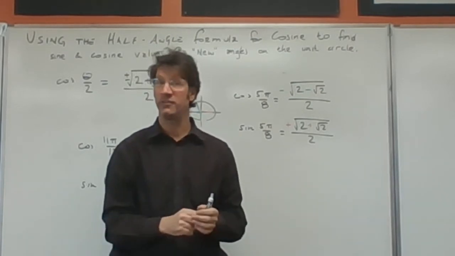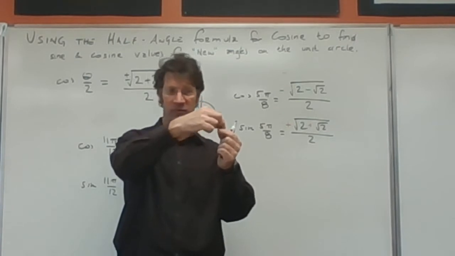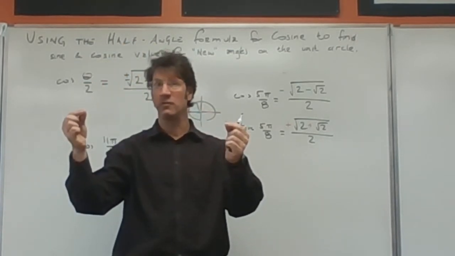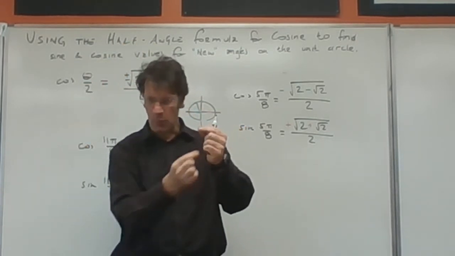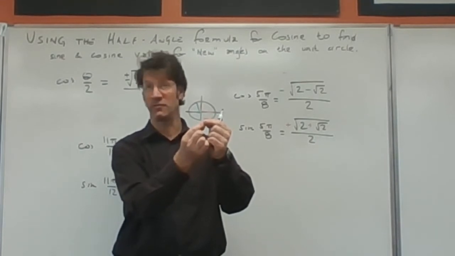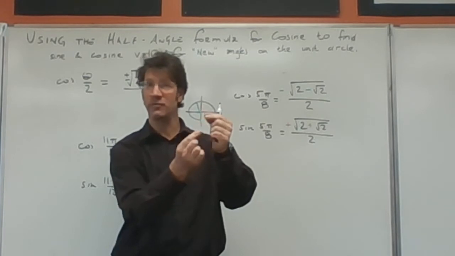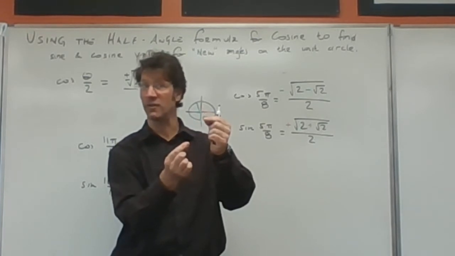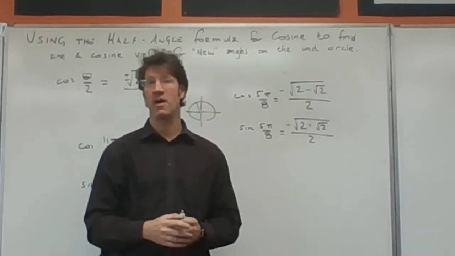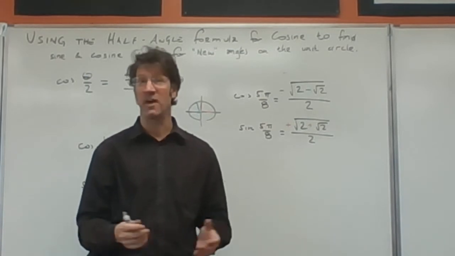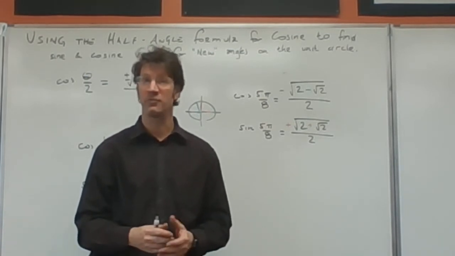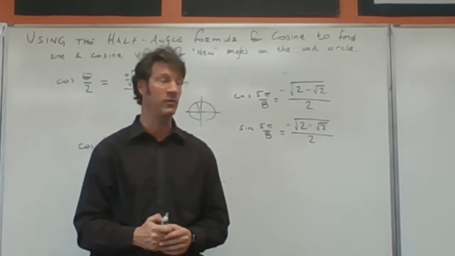Now if the denominator is 6, 0 pi over 6, 6 pi over 6, because that's pi, 12 pi over 6, because that's 2 pi. 11 pi over 6 is 1 pi over 6 less than 12 pi over 6. So the cosine of 11 pi over 6 is the cosine of pi over 6. And the cosine of pi over 6 is radical 3 over 2.